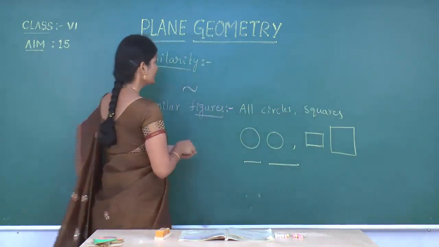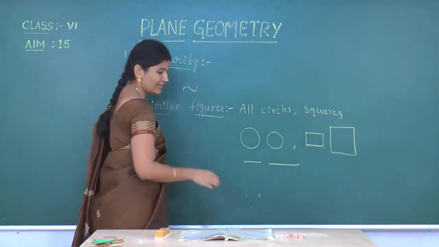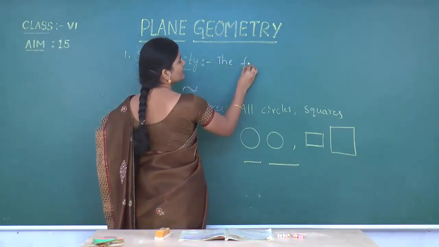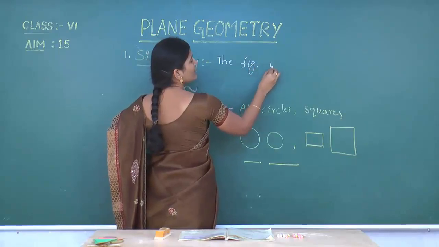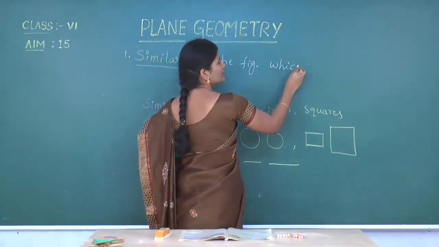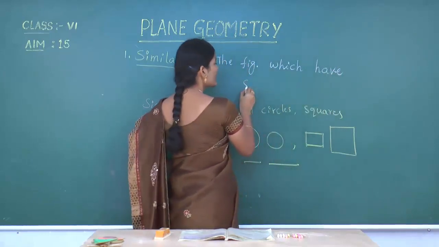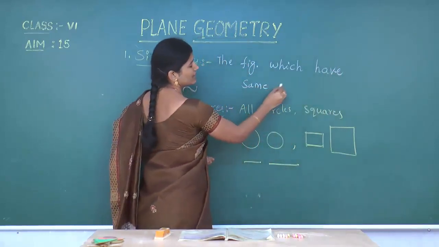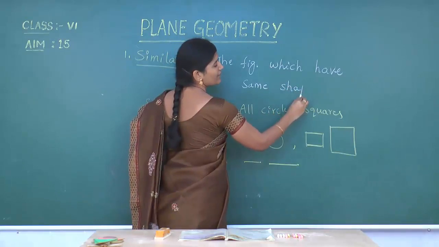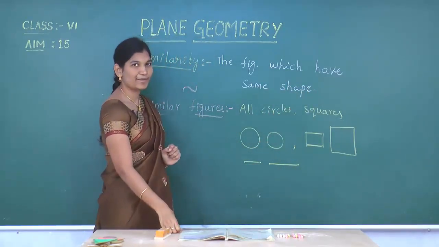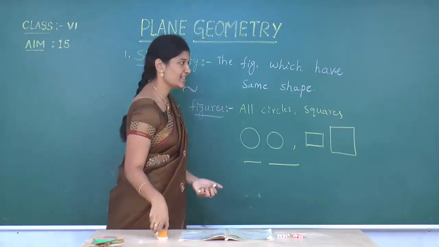And similarity means the figures which have the same shape only. Same shape is enough for similarity. Coming to the congruent.